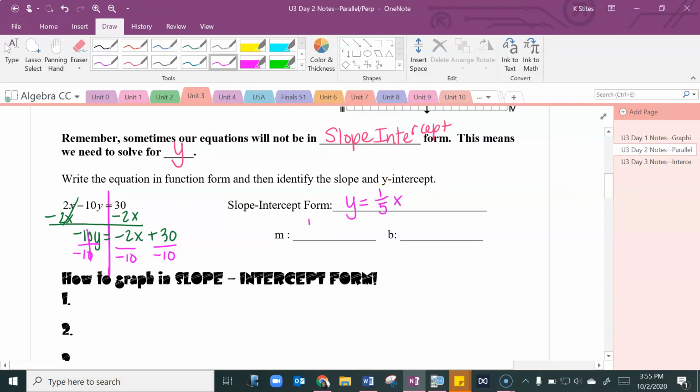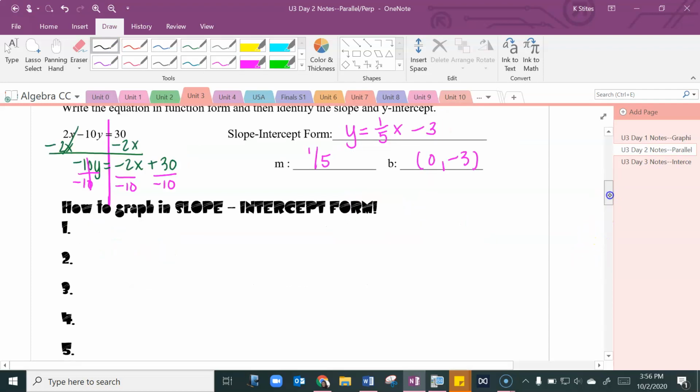Don't lose your x. And then 30 divided by -10 is -3. Our slope is that number with x, so that's 1/5. Our y-intercept b, make sure you put your 0 comma before putting your -3.